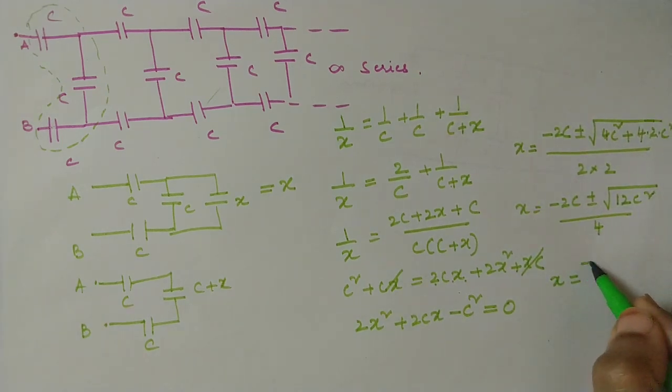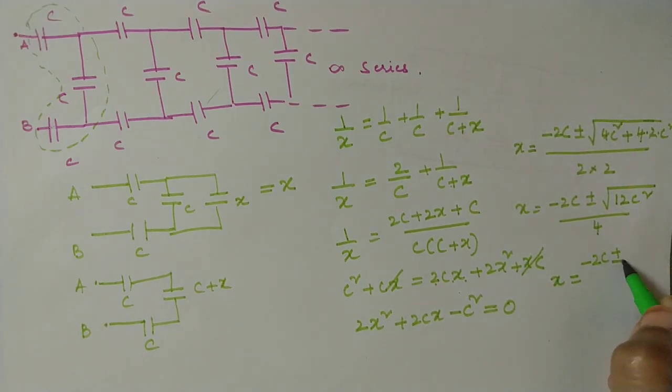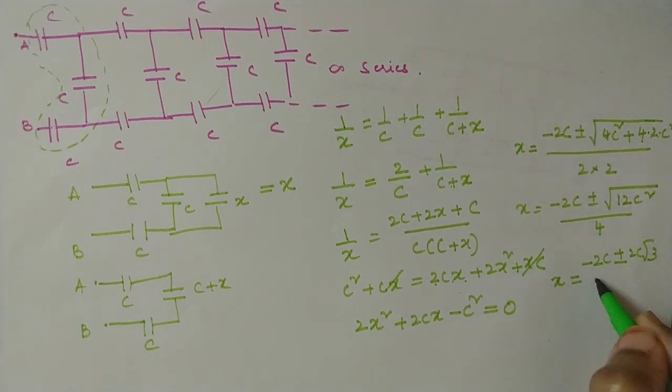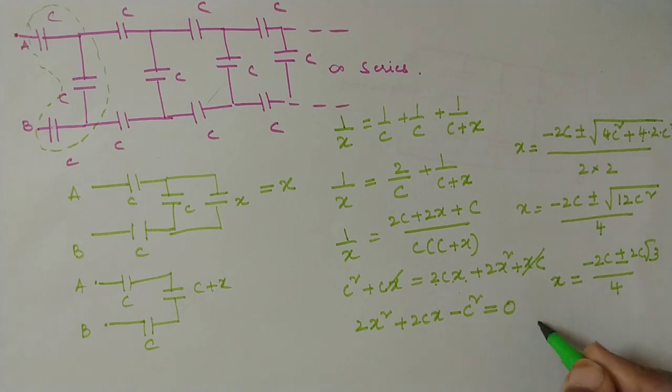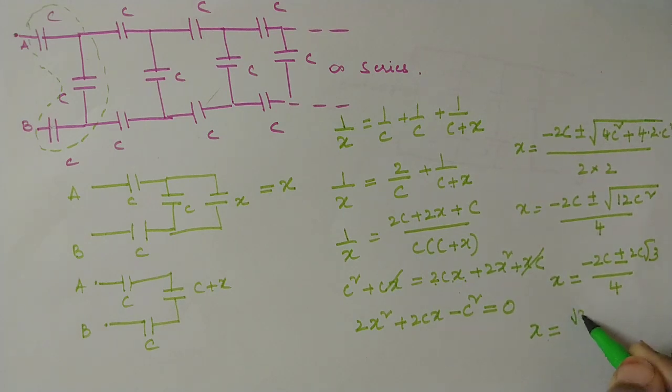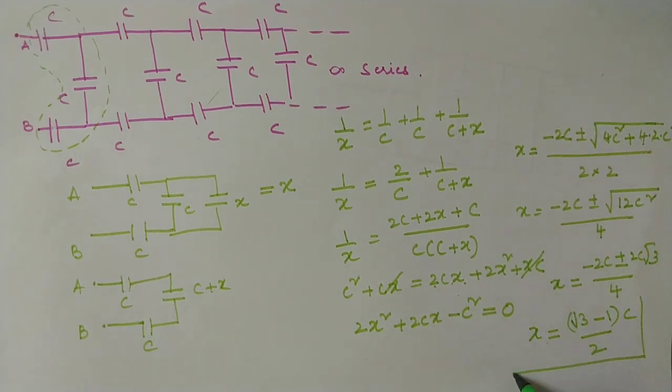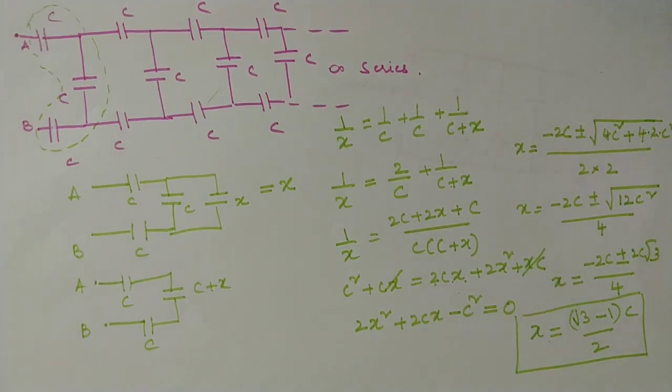Simplify it: minus 2C plus or minus 2C root 3 divided by 4, and if you cancel off this 2, your value of X would be root 3 minus 1 by 2 into C. So this will give you the equivalent capacitance.